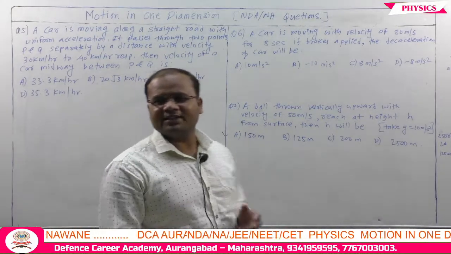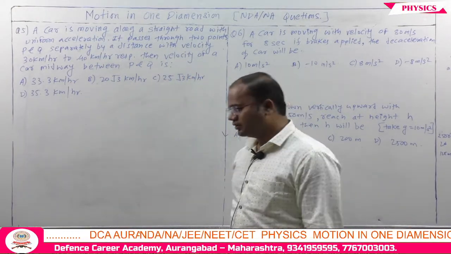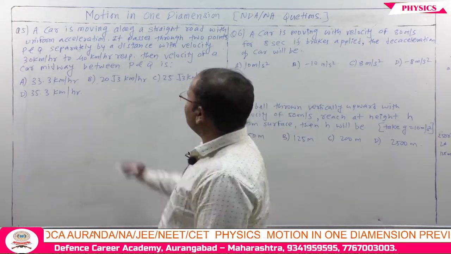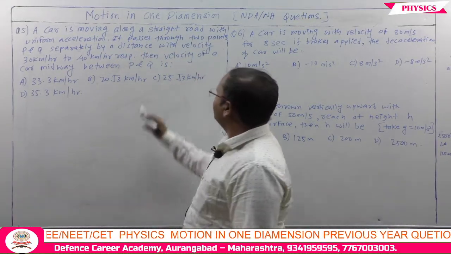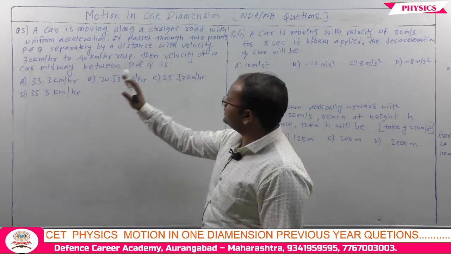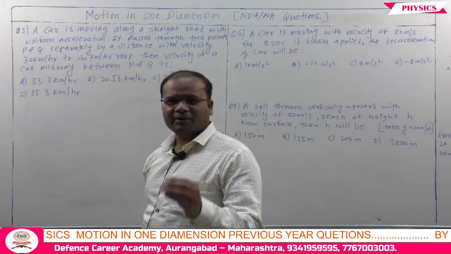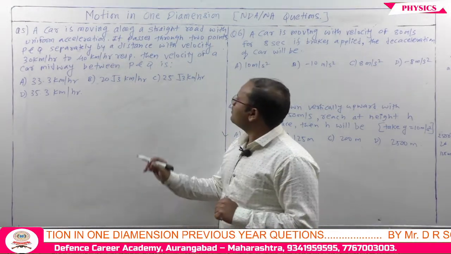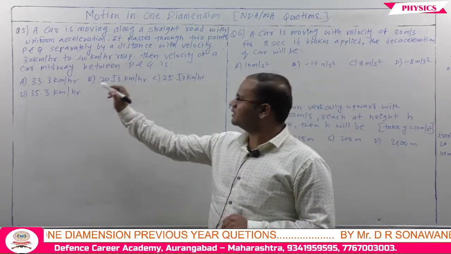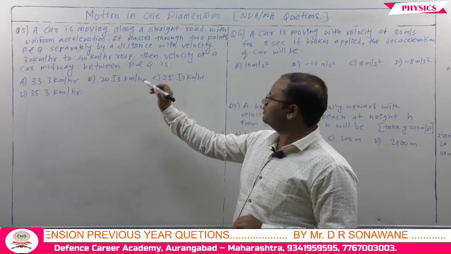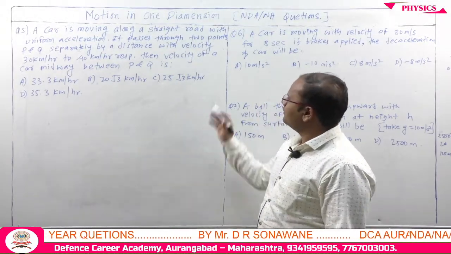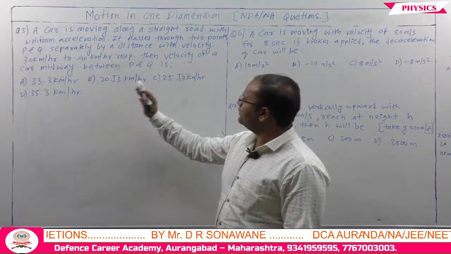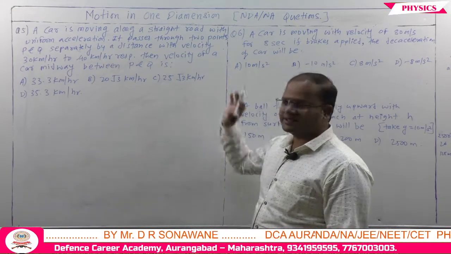Okay, so let's see the next question, that is question number 5. A car is moving along a straight road with uniform acceleration. It passes through two points, P and Q, separated by a distance, with velocities 30 km per hour and 40 km per hour respectively. Then the velocity of the car midway between P and Q is?